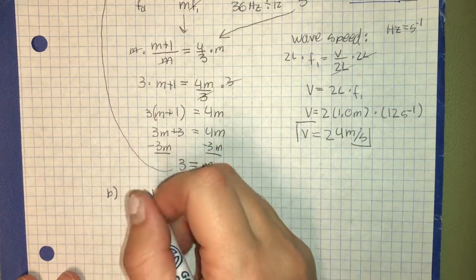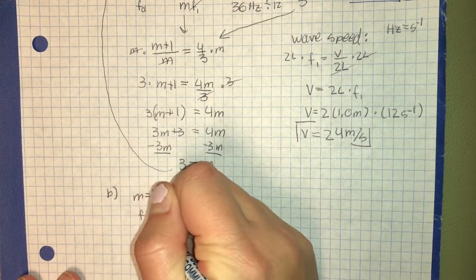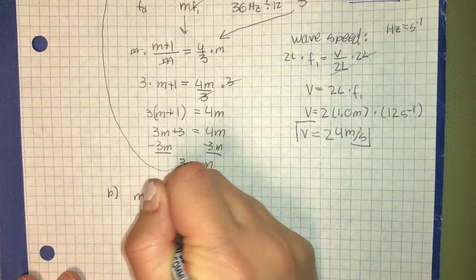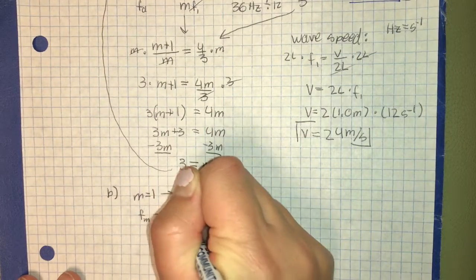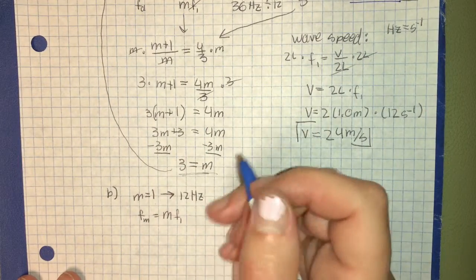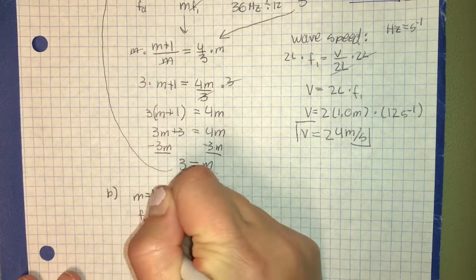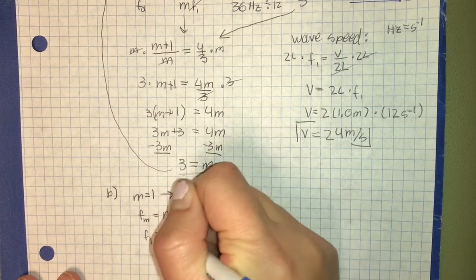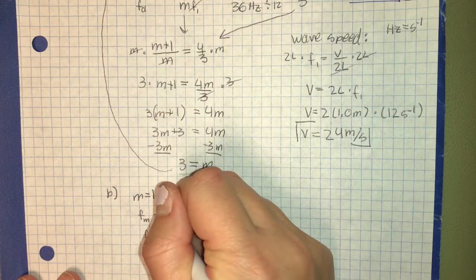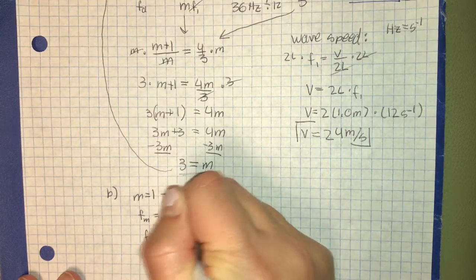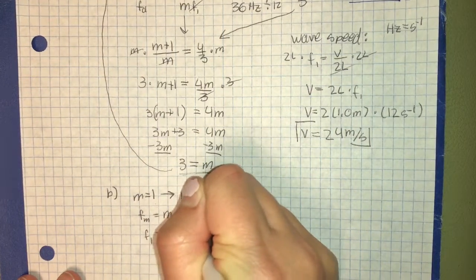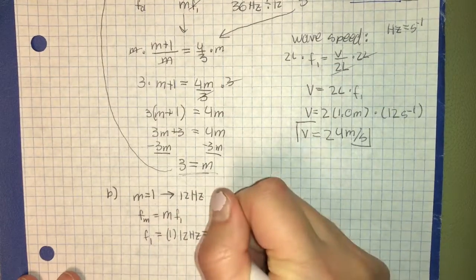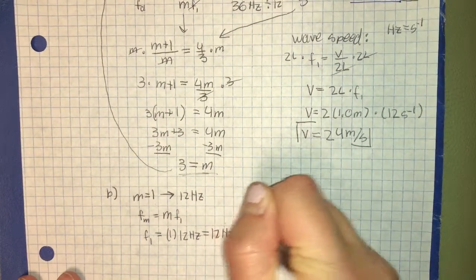So to give you an equation for that, mode times fundamental frequency. So we have our F1 is equal to 1 times frequency, which equals 12 hertz.